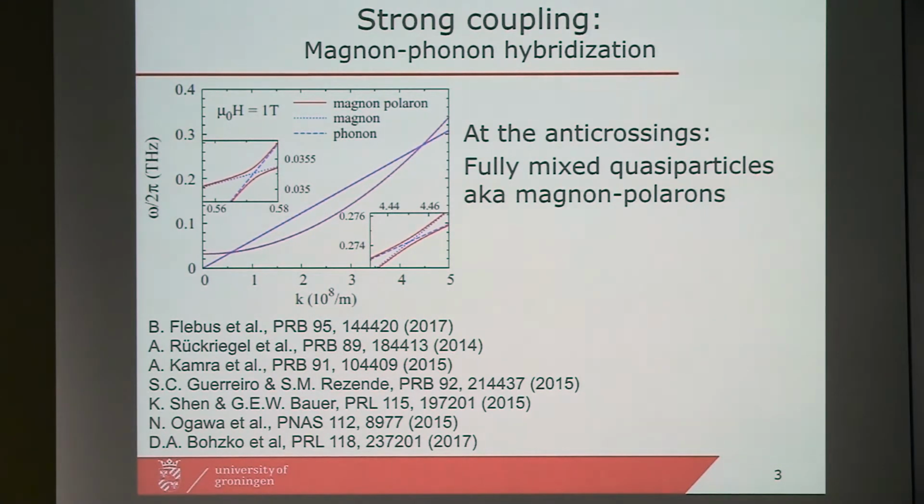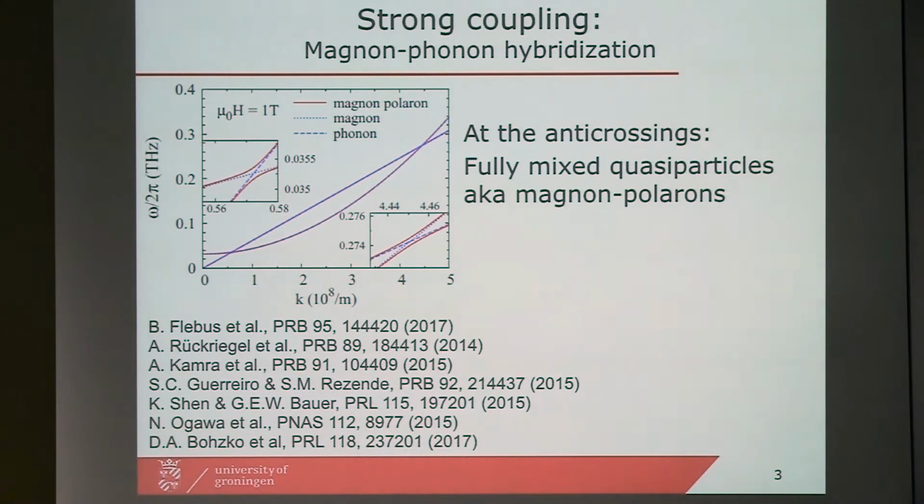Just to paint a picture once more, what we're interested in is really the strong coupling regime. If you look at this dispersion for phonons, which is this linear line here, and for magnons, which is parabolic, then we're interested in these points in k-space where the magnon and phonon dispersions cross.